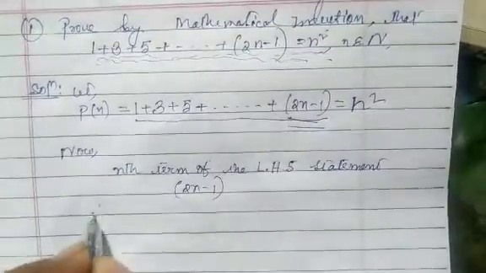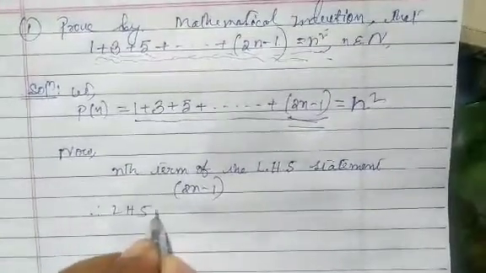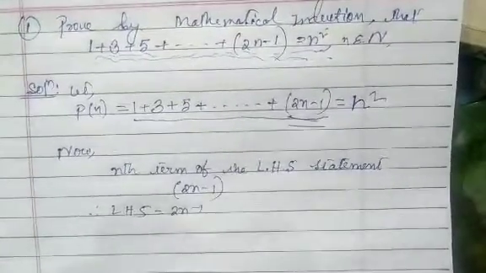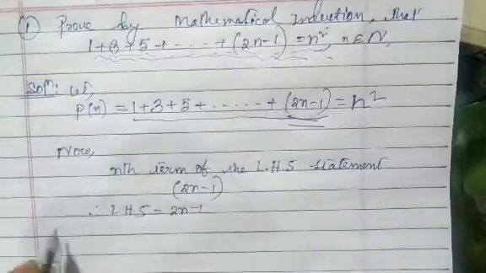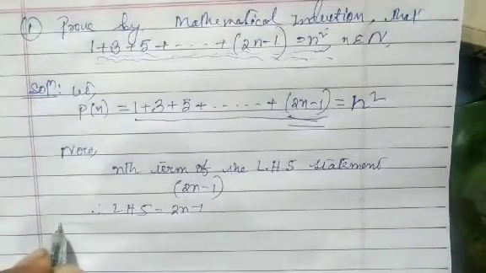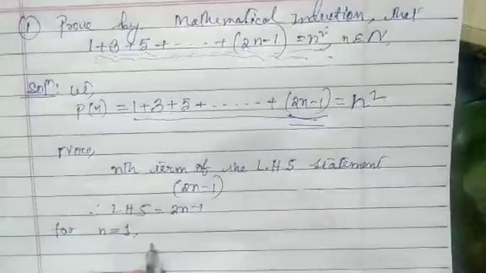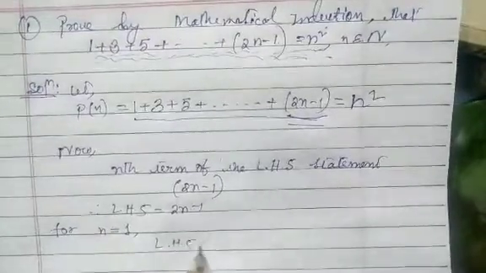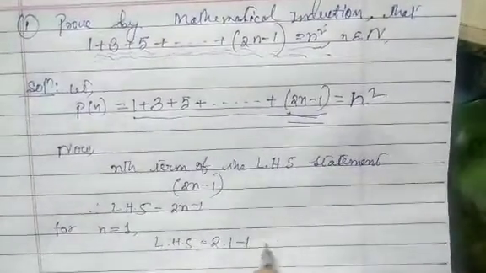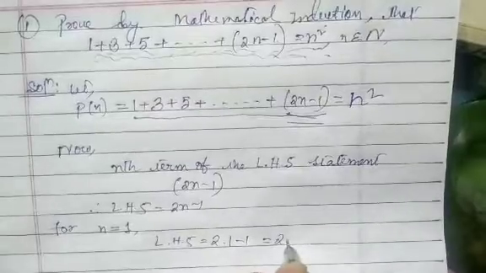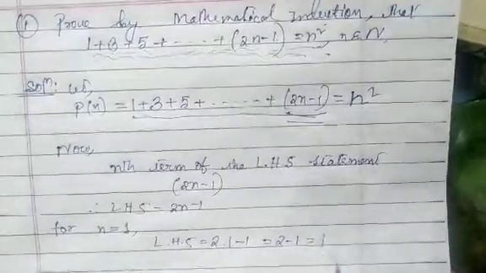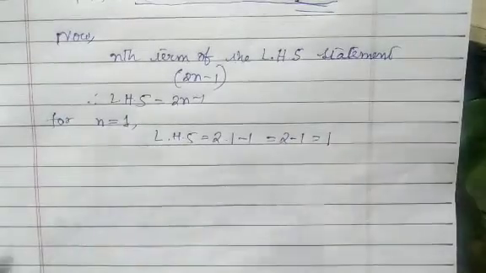Therefore the left hand side is equal to 2n minus 1. So for n equal to 1, the left hand side is equal to 2 into 1 minus 1, which is 2 minus 1, equal to 1.